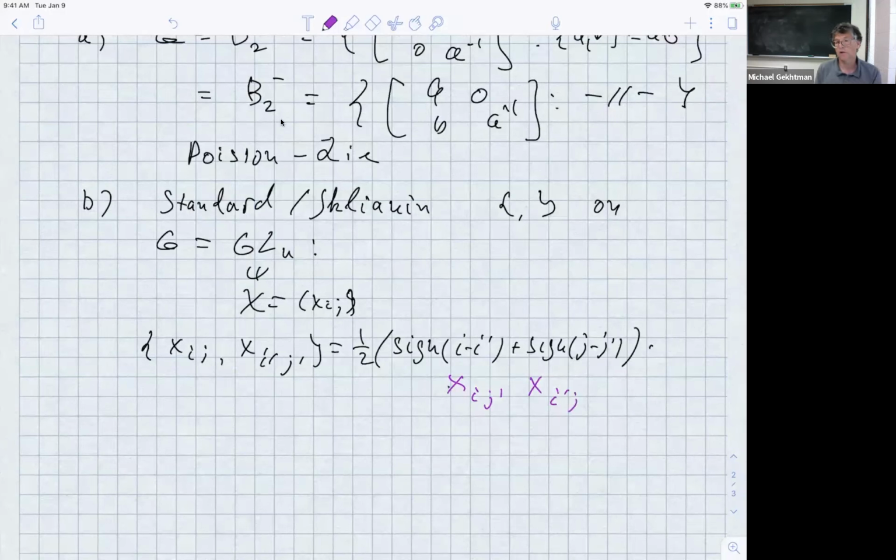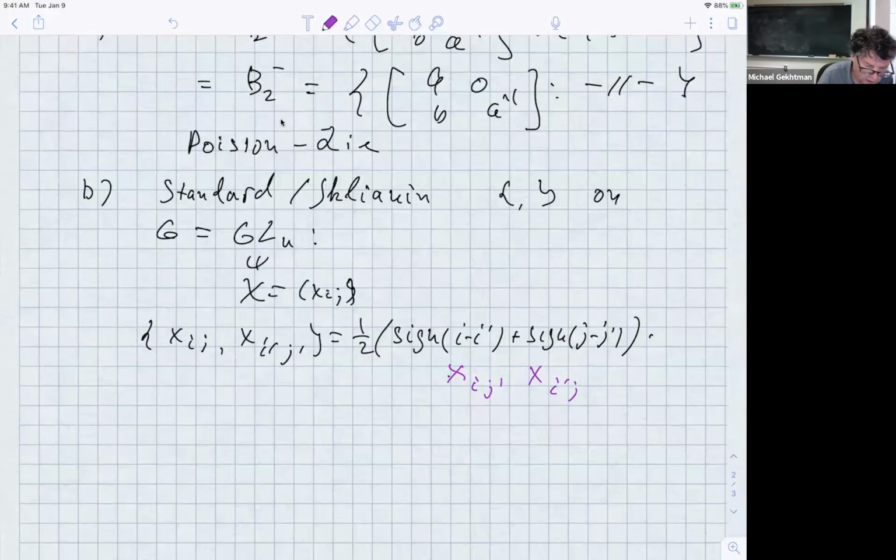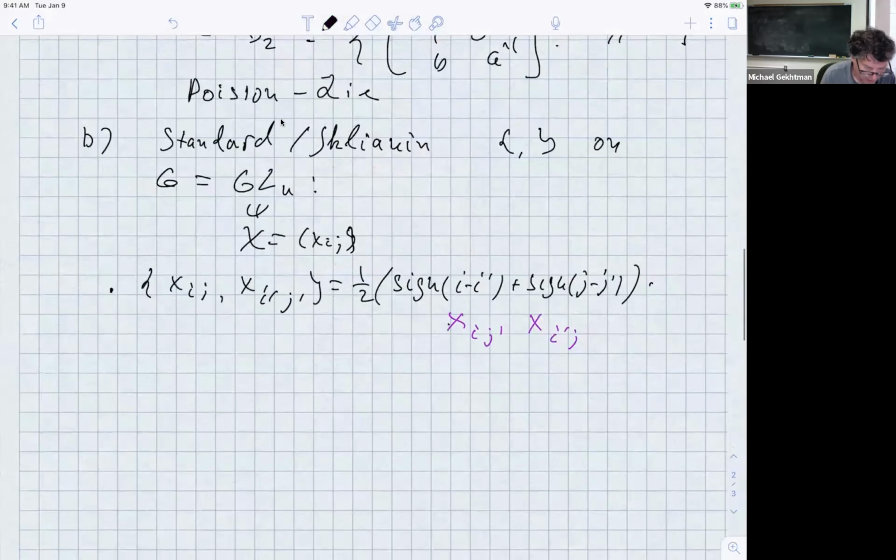So it's not log canonical because there is a mixing of coordinates.